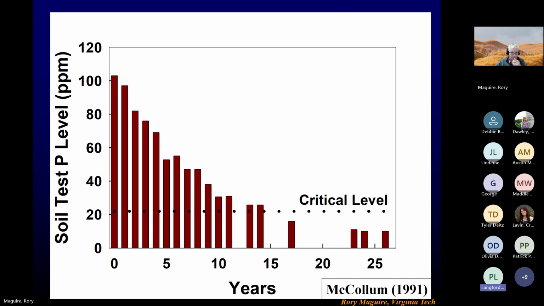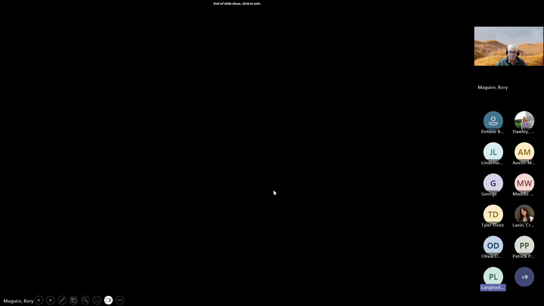Essentially, they didn't apply phosphorus over that time, but they kept on planting corn. And it took just about 15 years of not applying phosphorus to get below that critical level. Yeah, I think that concludes my presentation.